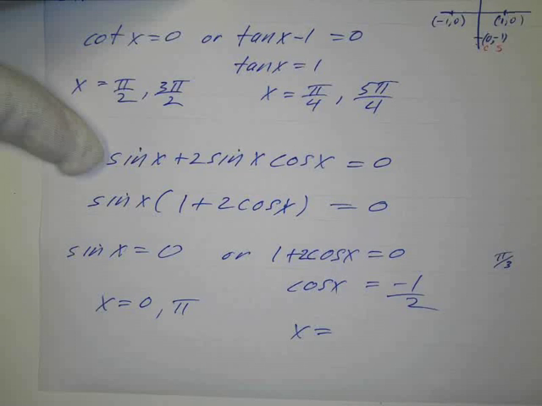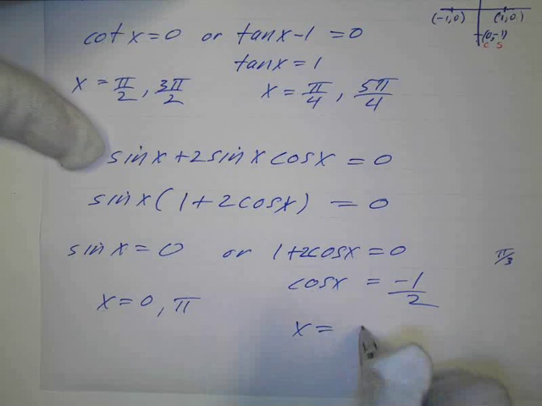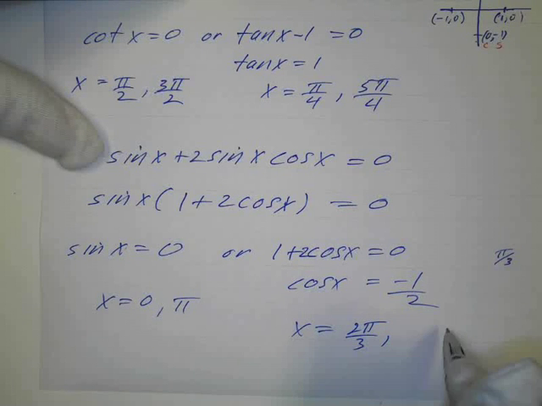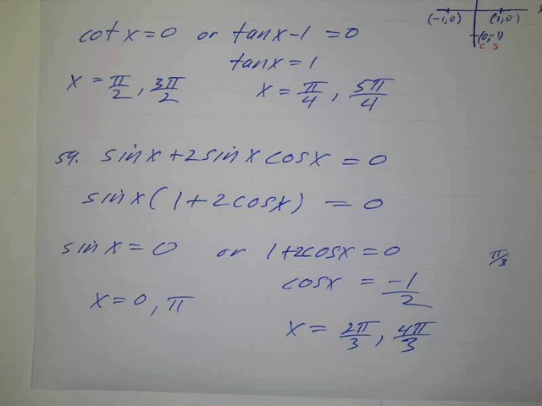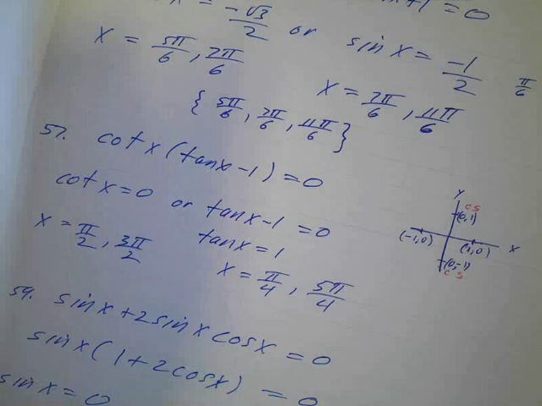Cosine will be negative in the second and third quadrants, so that's going to be 2 pi over 3, which puts me in the second quadrant, and 4 pi over 3, which puts me in the third quadrant. That's where it's negative. It's positive in the first and the fourth. And one more, 61, and we're done.